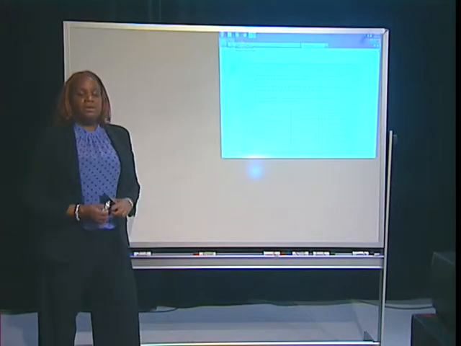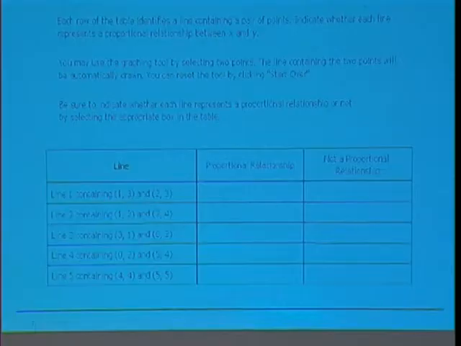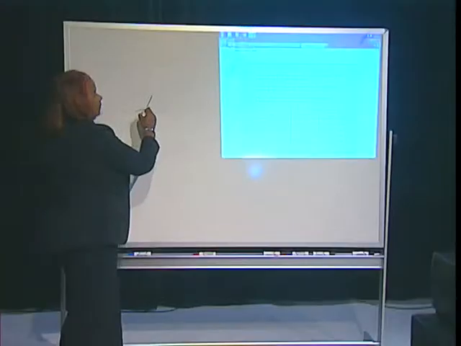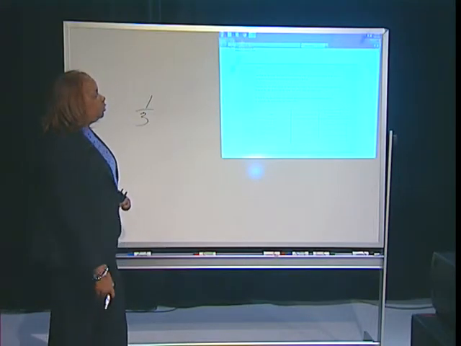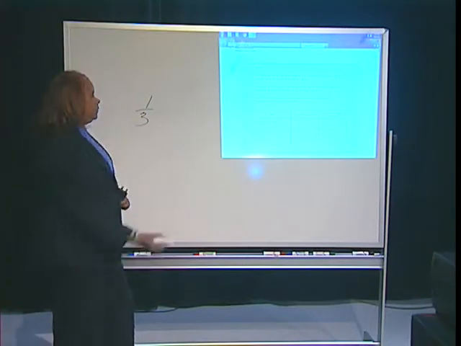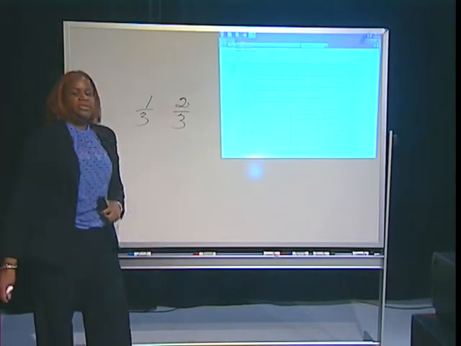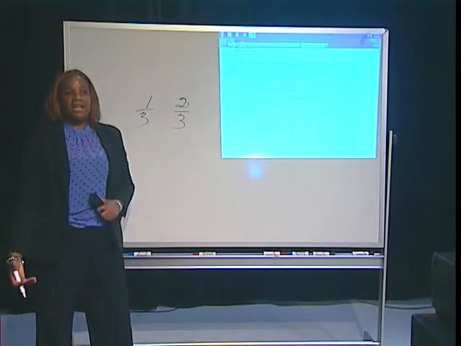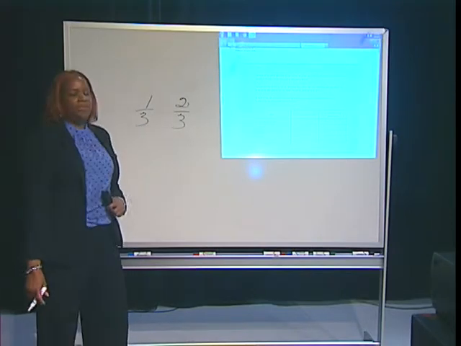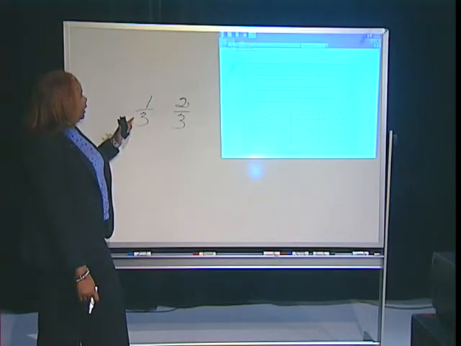So I will be starting off with line 1. I will change that point to the value of 1/3. And I will change the second point or coordinate to 2/3. These two ratios, or these two values, are not equivalent. They are not equivalent because it shows that for every 1, there is 3.